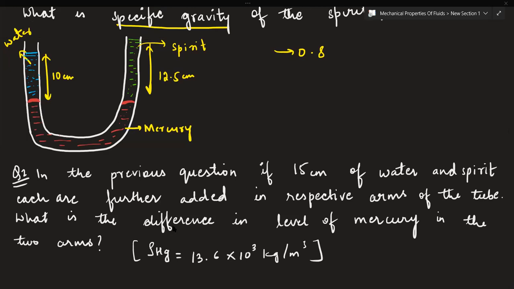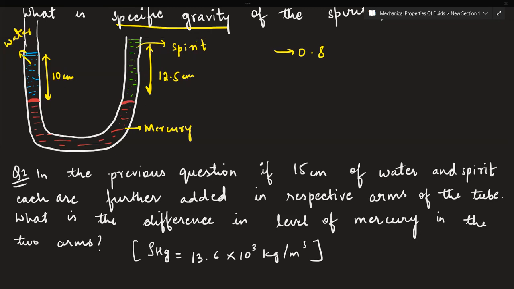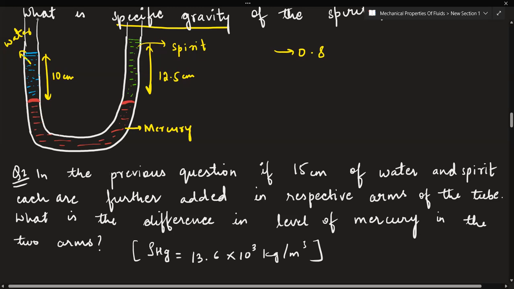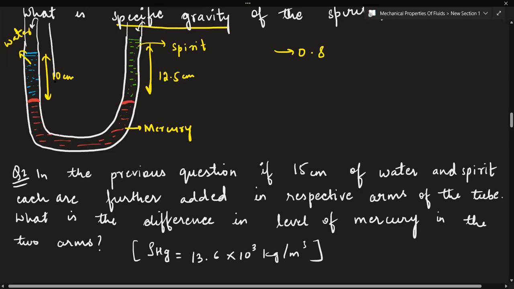See, now how much water and spirit have been added? 15 centimeter in each of them. In both the water as well as spirit, 15 centimeter has been added. So what would be the length of the water column now? 10 centimeter was already there. Now you have added 15 centimeter more. 25 centimeters. So now the length of the water column is 25 centimeters.